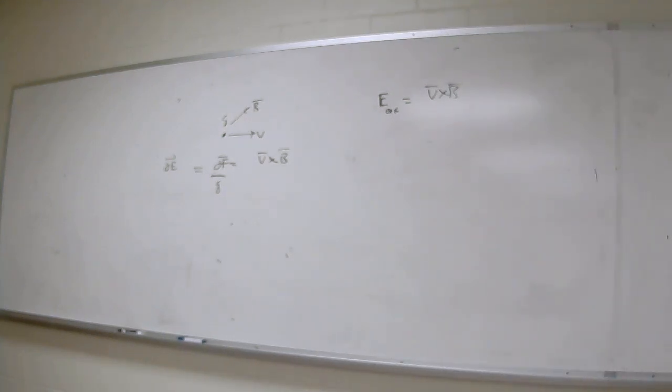So why is this important? Well, the classic problem is just a bar moving through a magnetic field. Let me see if I can find it. Conductive bar moving along a pair of rails. 5.13 has that diagram.